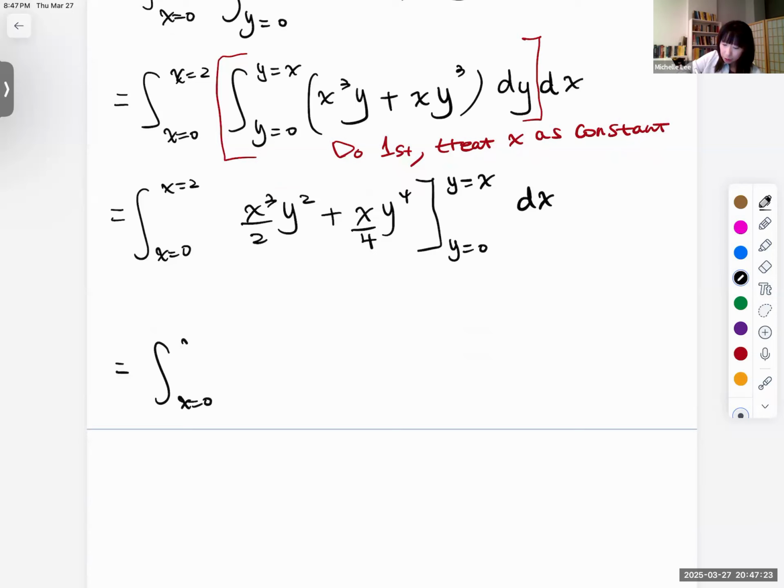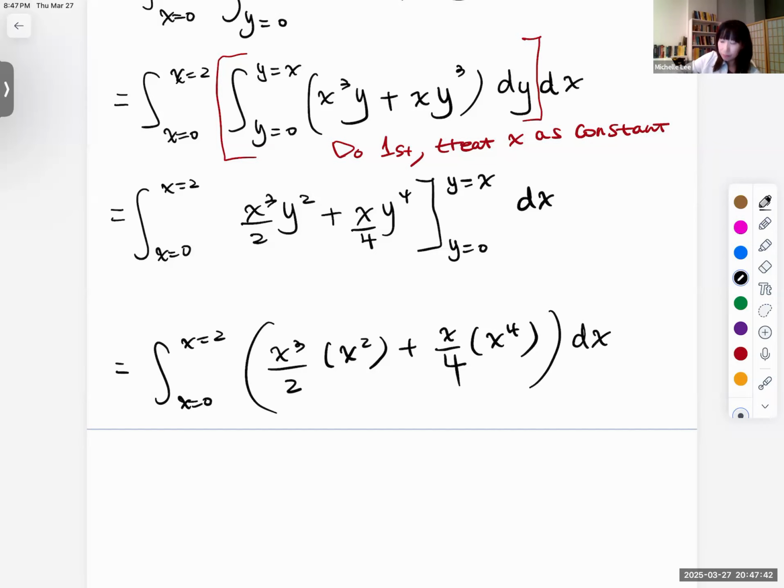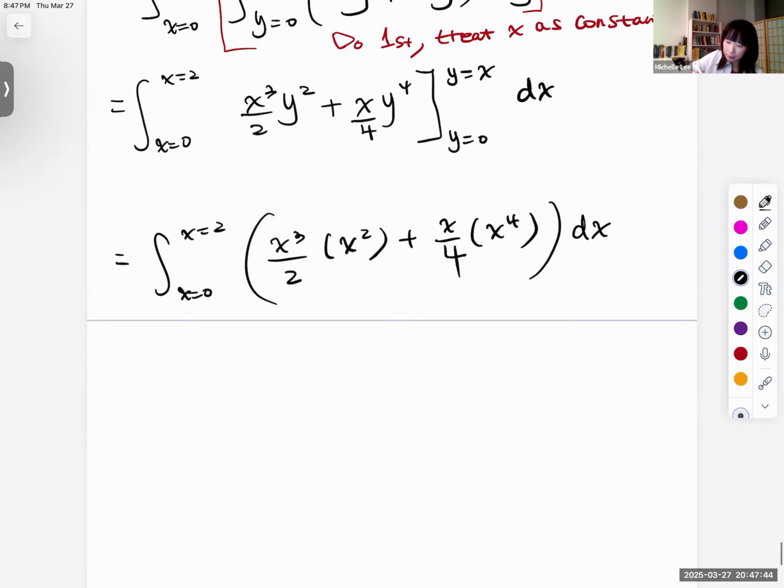X equal to 0 to 2, and x to the third power over 2 times x squared, plus x over 4 times x to the fourth power, dx. Yeah, all right. X equal to 0 to 2.